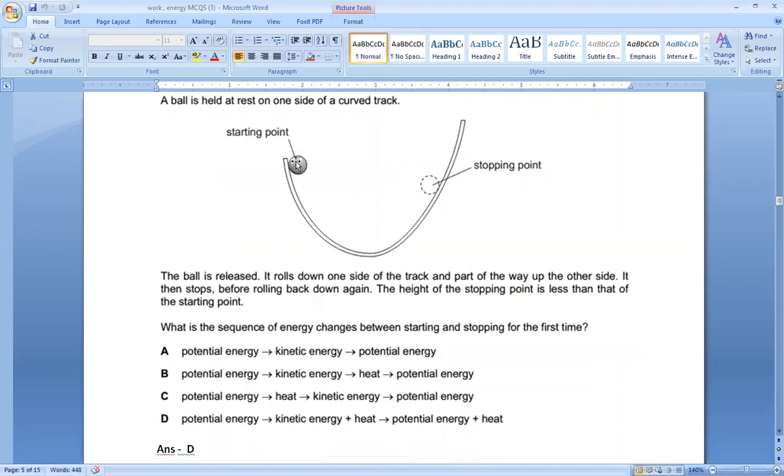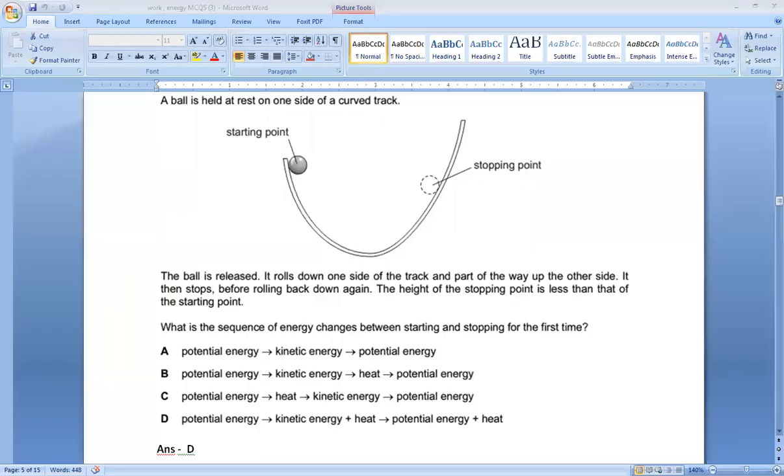We know at the starting point it has a certain height, so it possesses potential energy. As it rolls down, it picks up speed, the potential changes into kinetic.